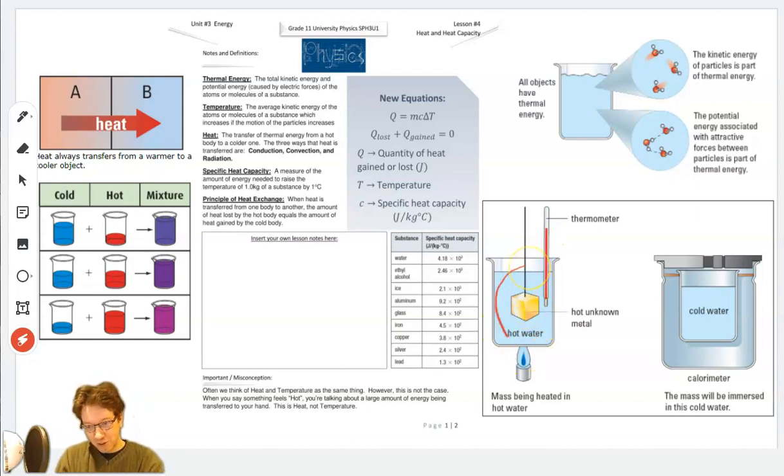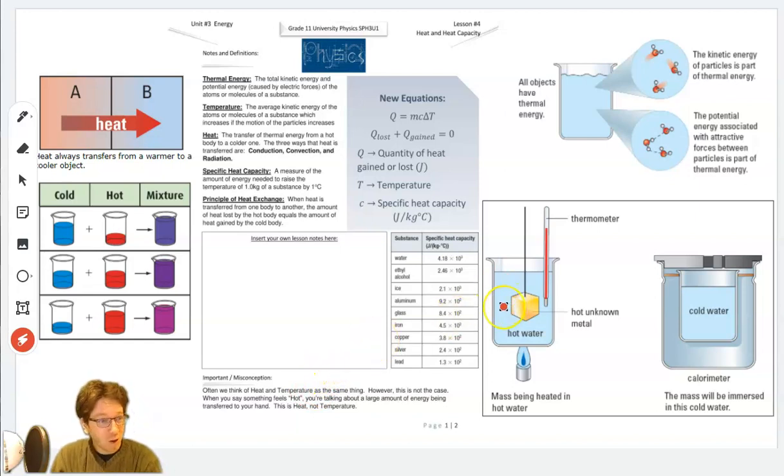Now, the amount of energy required to heat it depends on a few different things. One, obviously what I've already mentioned, the temperature change. If you want to go from 10 to 90, it's going to require a certain amount of energy. If you're only going from 10 to 20 degrees, less amount of energy. So how much you want to heat it by is going to depend how much energy is required.